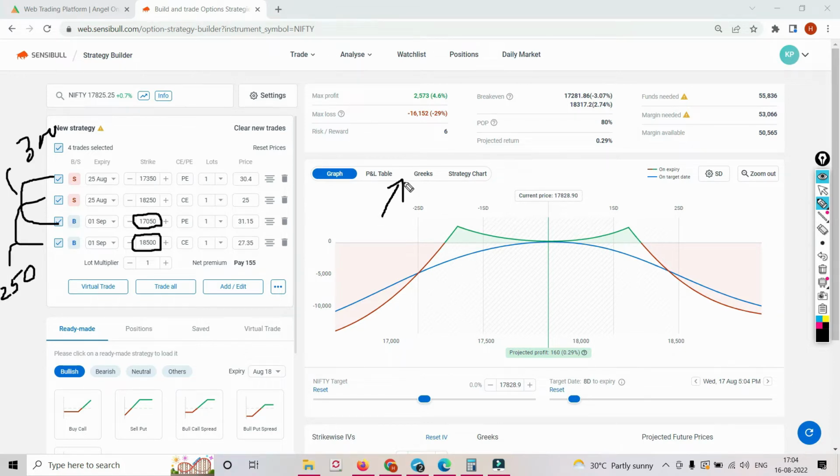Vega is IV premium. So whenever the vega increases, the premium of the buy position will also increase. So do we need to have a 300 gap difference and a 250 gap difference between your sold position and your bought position? No, right?